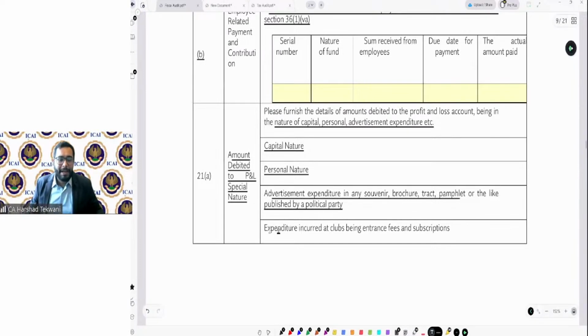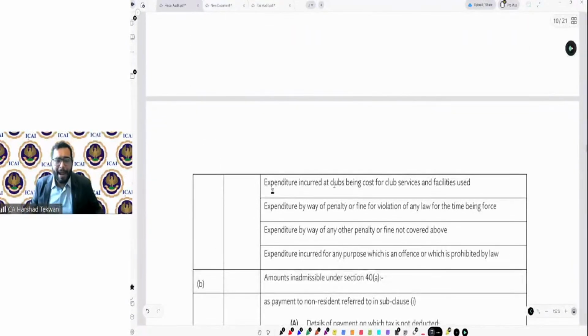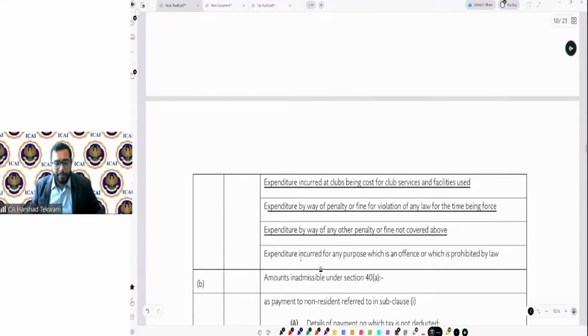expenditure incurred at clubs being entrance fees and subscriptions, expenditure incurred at clubs being cost of club services and facilities used, expenditure by way of penalty or fine for violation of any law for the time being in force, expenditure by way of any other penalty or fine not covered above, expenditure incurred for any purpose which is an offense or which is prohibited by law.